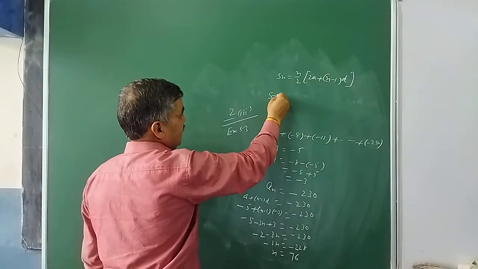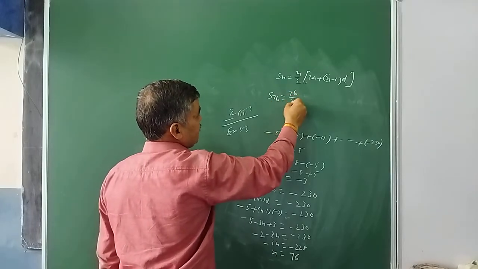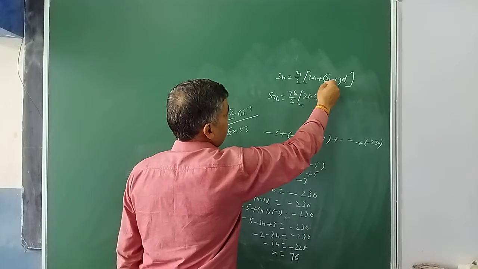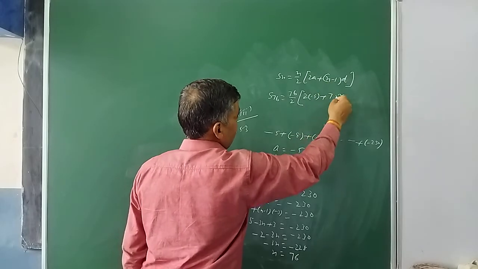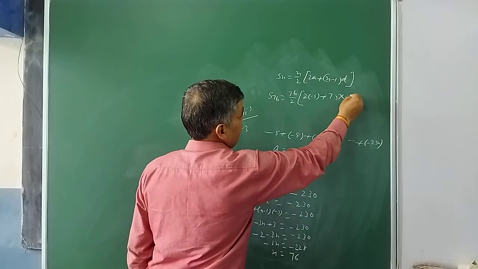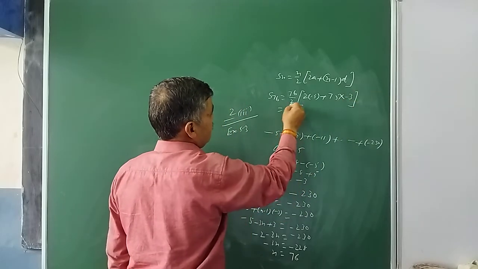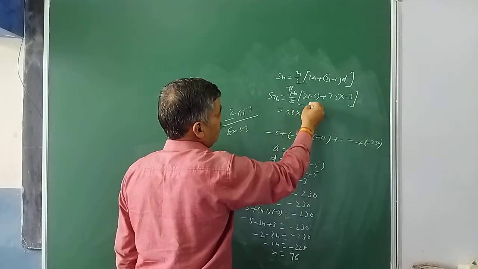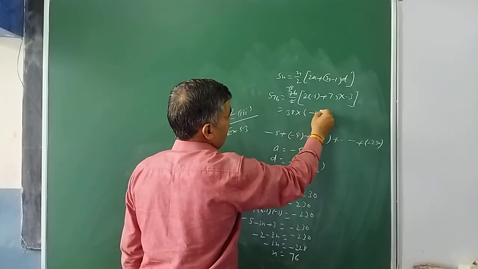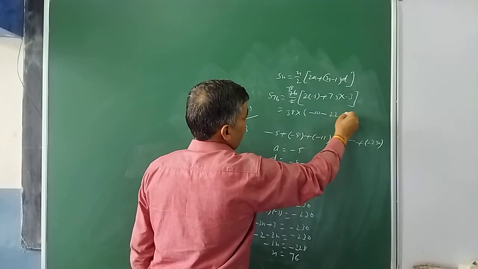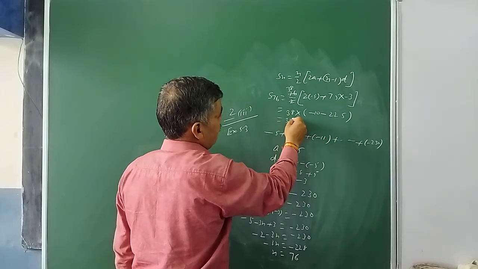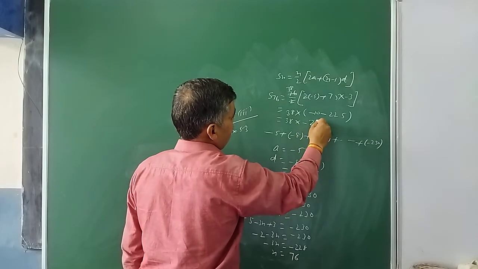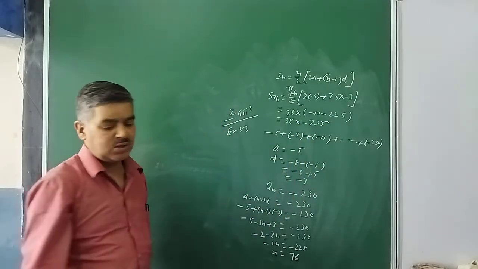Now S76 is 76 upon 2, again 2 into minus 5 plus 76 minus 1, which is 75, and d you have is minus 3. Use this: 38 into minus 10 minus 225, so 38 into this comes to minus 235, and then do this calculation.